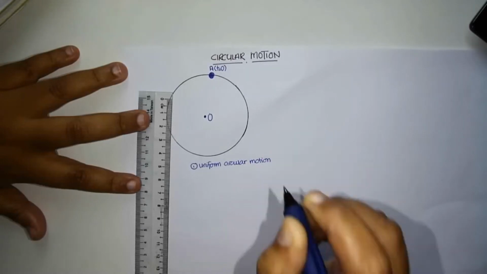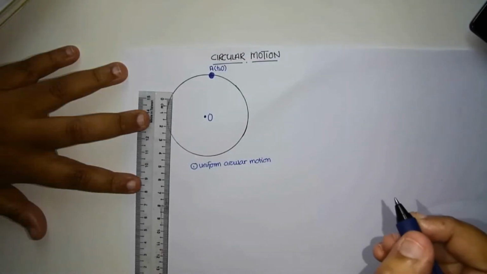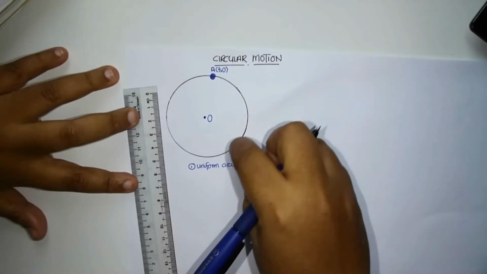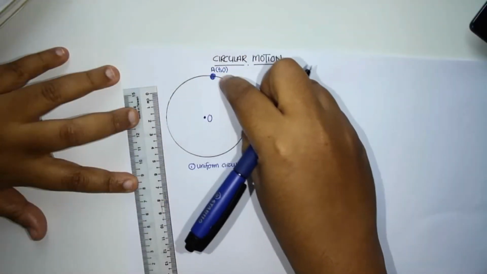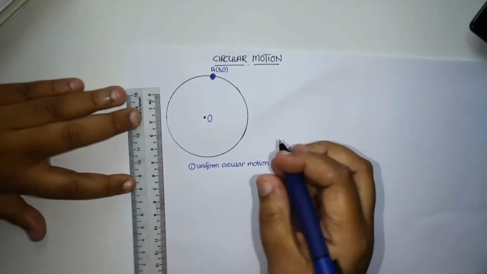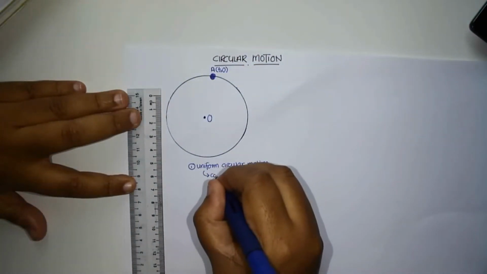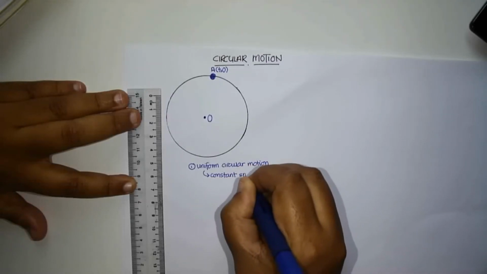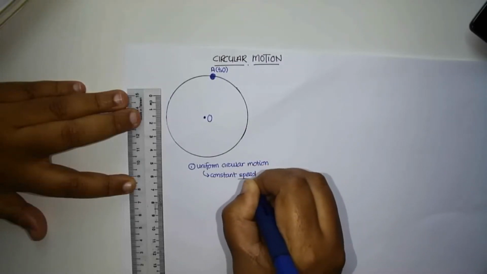Now, uniform circular motion means the particle is performing a circular motion, going around and coming back with a constant speed. Be careful of the word speed here.